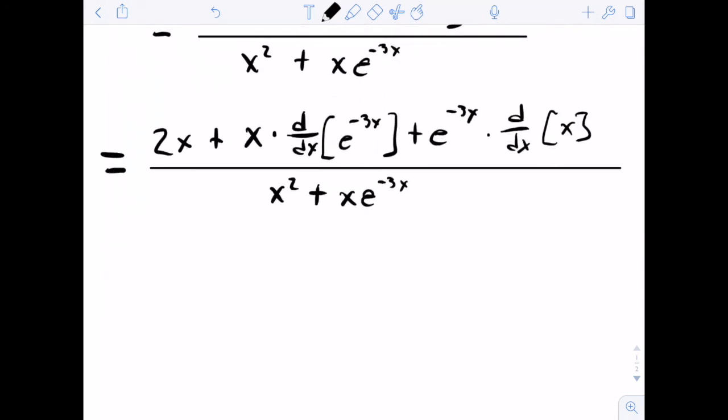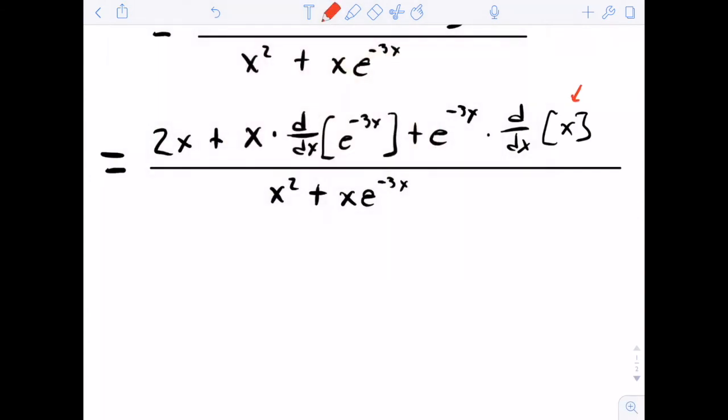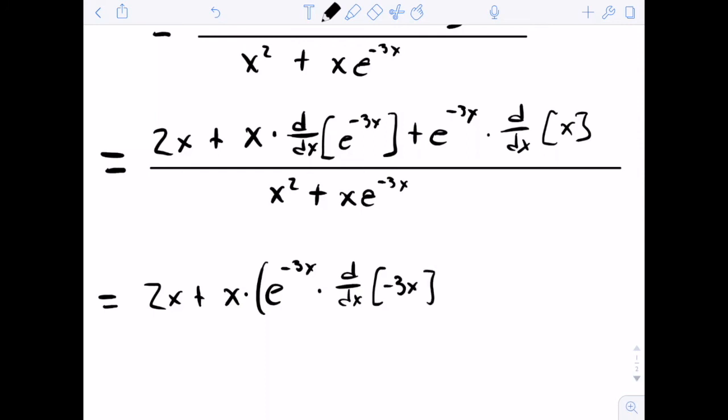The derivative of x with respect to x is just 1, so that one's really easy. And then the derivative of e to the anything is just e to whatever is on top, multiplied by the derivative of whatever is on top. So this is equal to 2x plus x times e to the negative 3x times the derivative of negative 3x.